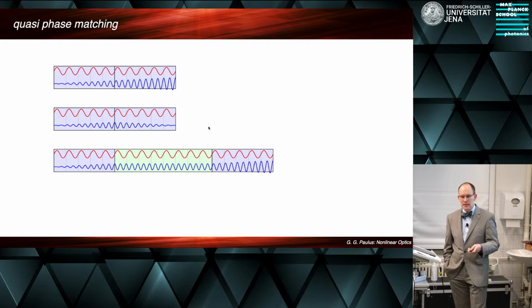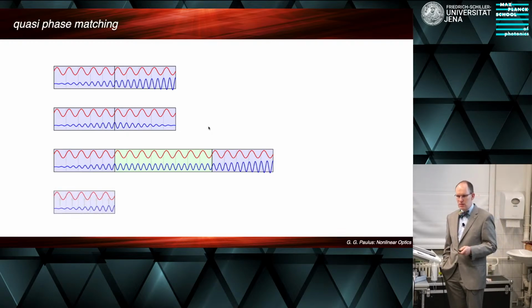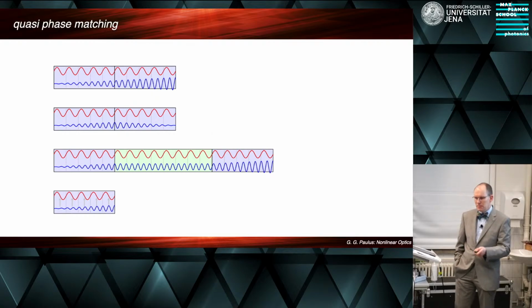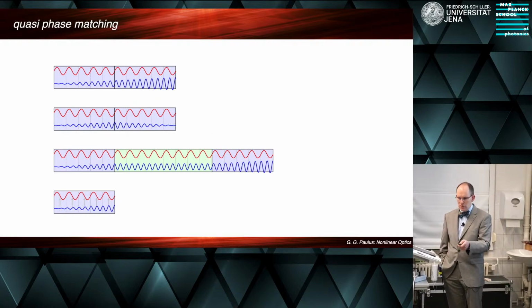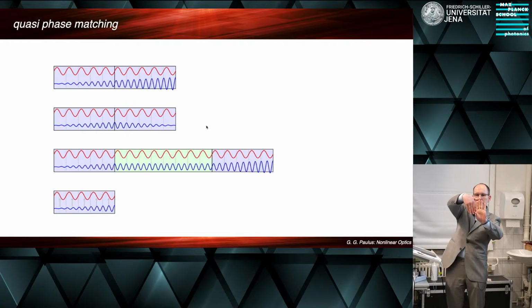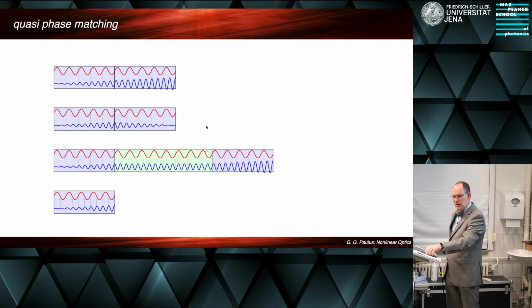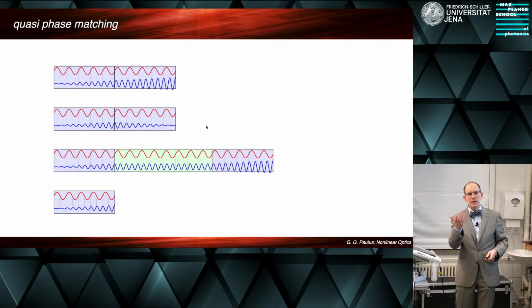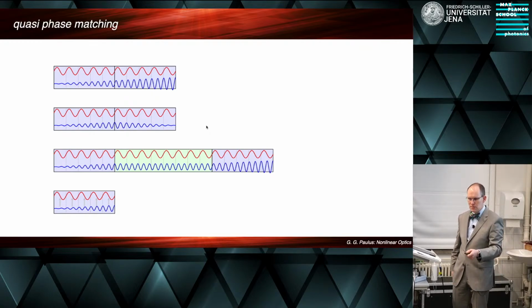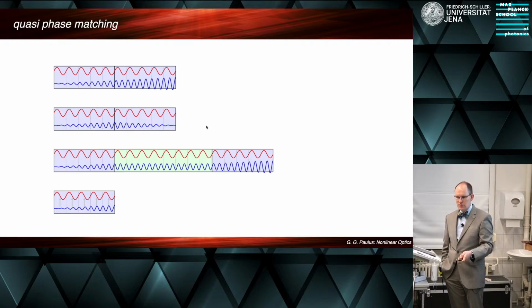There is another possibility, indicated here with these light gray arrows. You could put one crystal like that and the other crystal like that, such that the sign of the nonlinear coefficient changes between these slices of crystal.